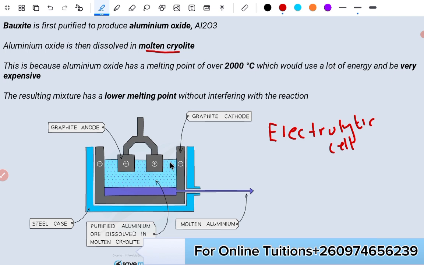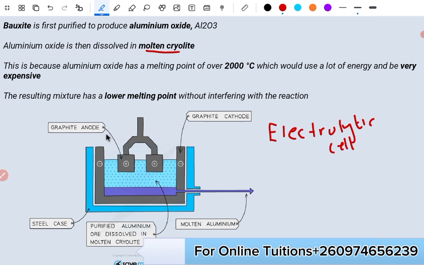Now, the outer casing of the electrolytic cell is made of steel, and we'll go over why they have to use steel in this casing. And then after that you have graphite. This is called the graphite cathode. Cathode simply means that it is negatively charged, and then they place the positive graphite, the anode.